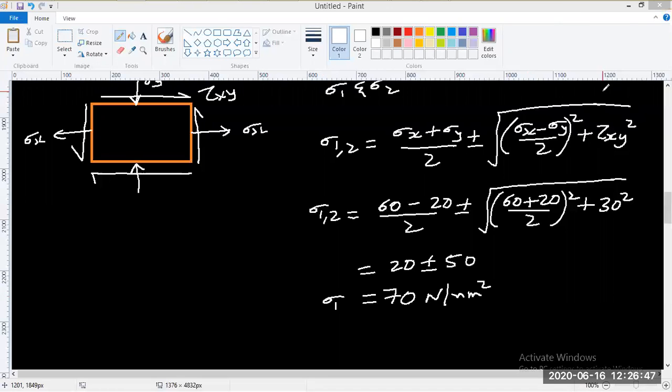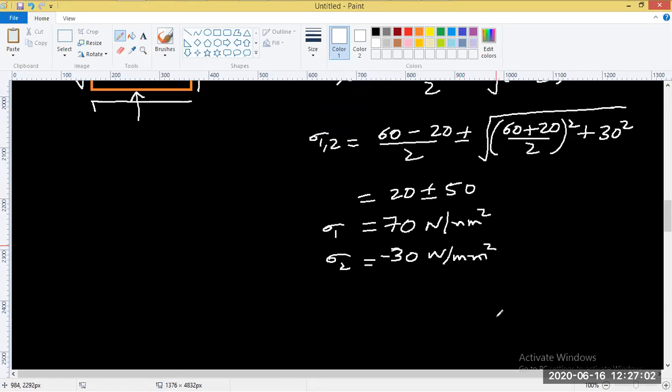Yeah, right. 70, and sigma 2, the minimum stress, is 20 minus 50, that is minus 30 Newton per mm squared. Okay, so now that we have found out sigma 1 and sigma 2, our problem is simpler. So this sigma 1 is regarded as our maximum stress.